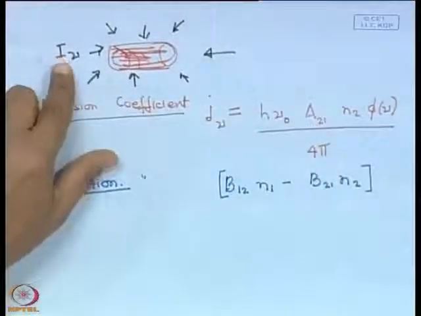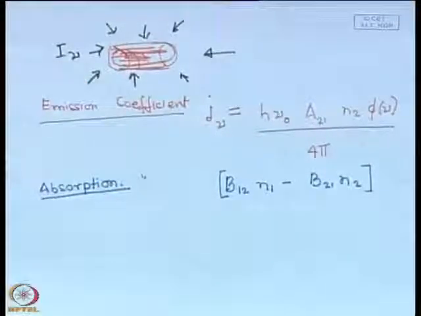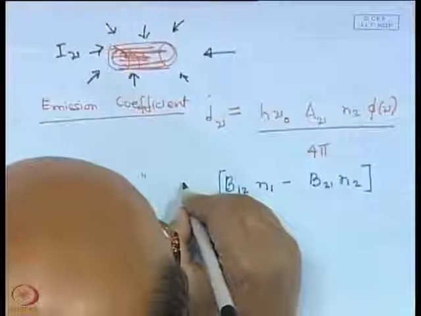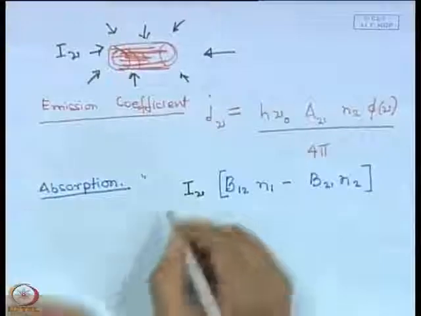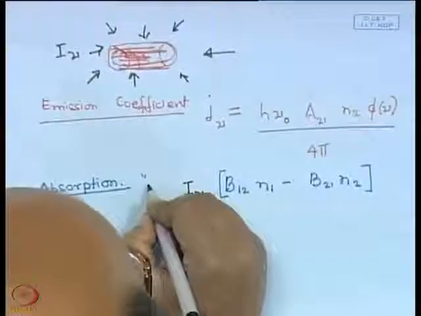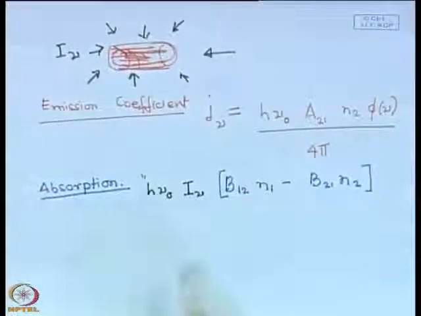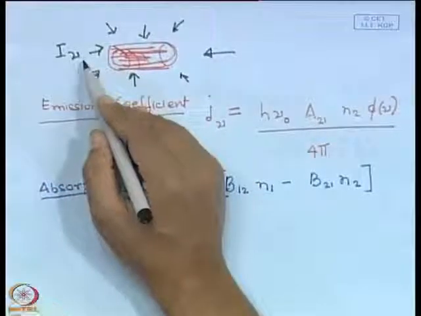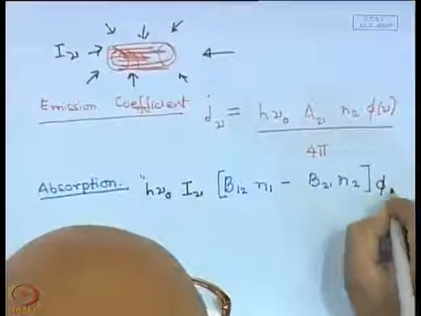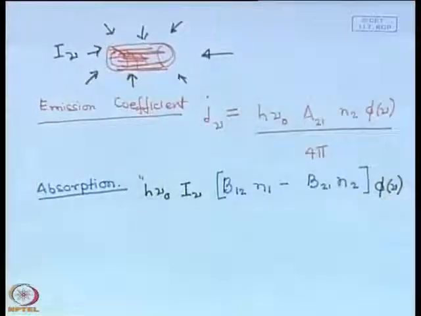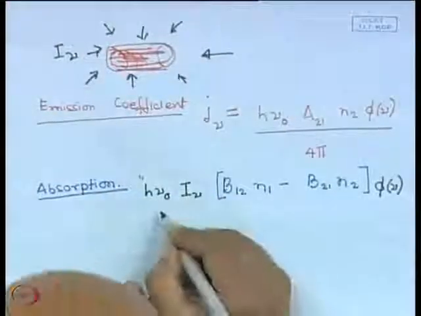So then J, the angle averaged specific intensity, is the same as I. So, we can write this as I nu, and the energy that is absorbed in each such transition is h nu naught, and the fraction that is absorbed in the frequency interval d nu around nu is given by putting in a factor of phi nu, and this is what gets absorbed from 4 pi steradian from all directions.